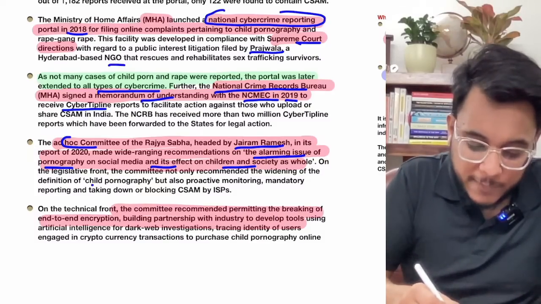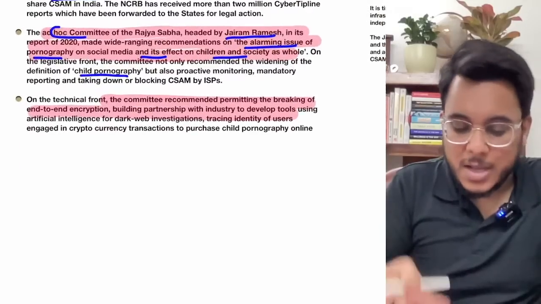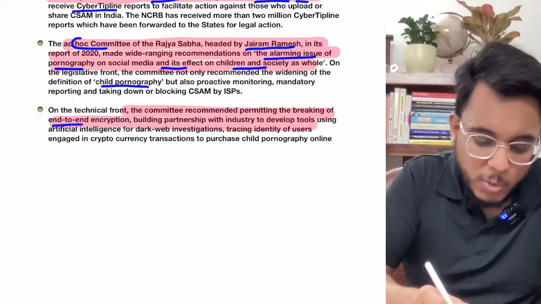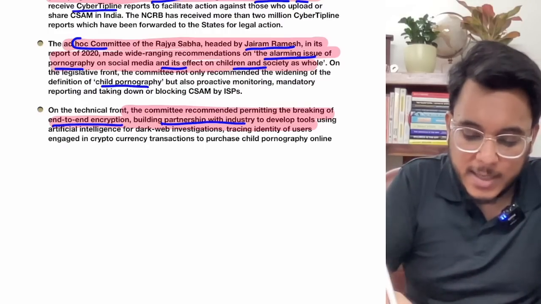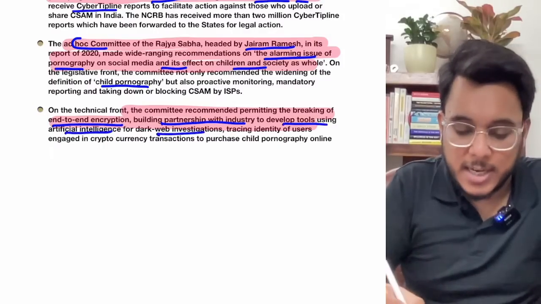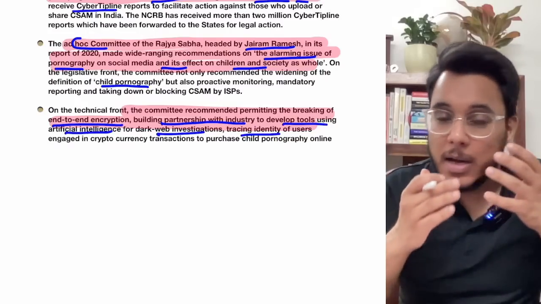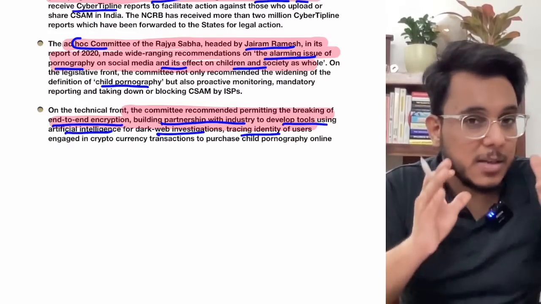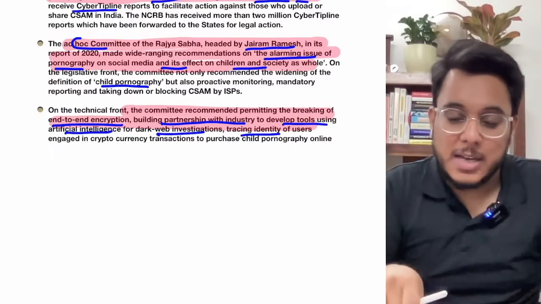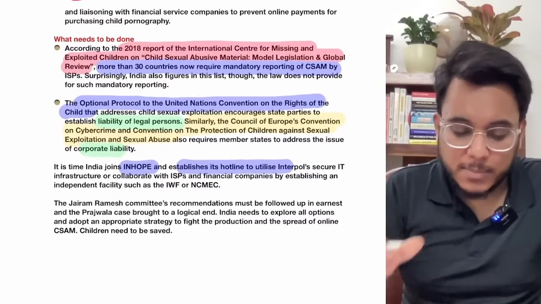Moreover, the child pornography issue is also there, and on that some proactive steps are needed. This committee recommended that there should be permission to break end-to-end encryption, and partnerships with the industry. We should develop tools using artificial intelligence, dark web investigations, and technologies to trace the identity of people who have transmitted these pornographies online. These are the suggestions given by the Jairam Ramesh committee.